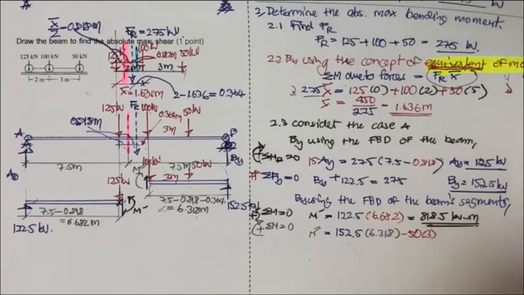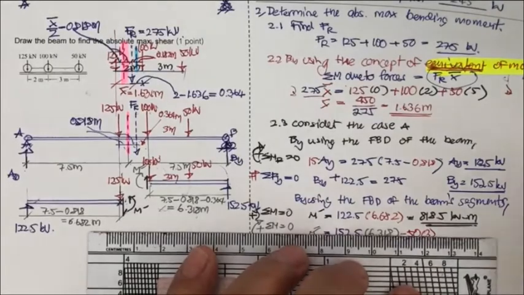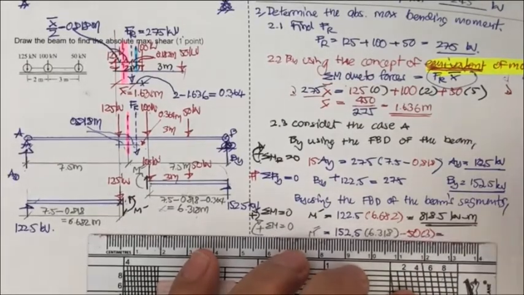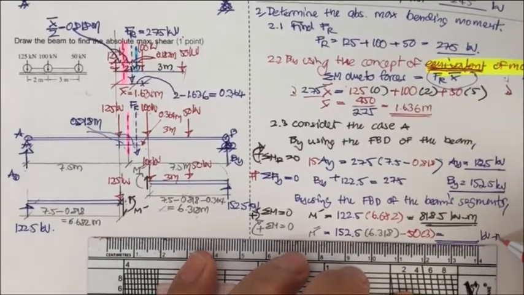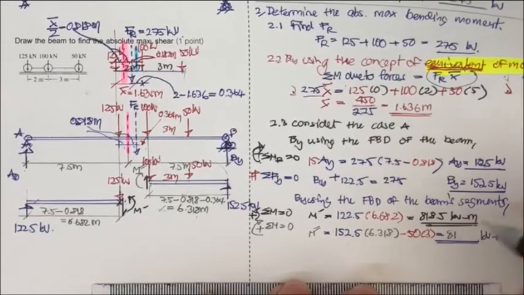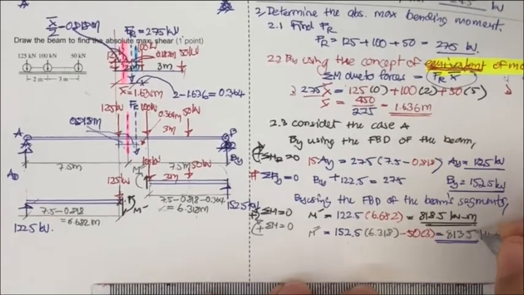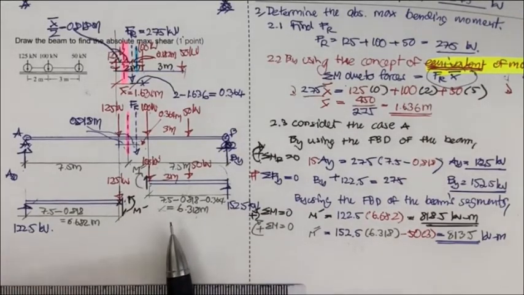It's going to be 813.5. It is smaller, a little bit smaller kilonewton meter, 813.5.